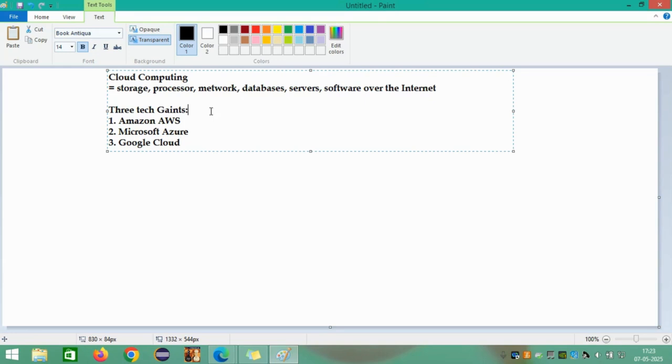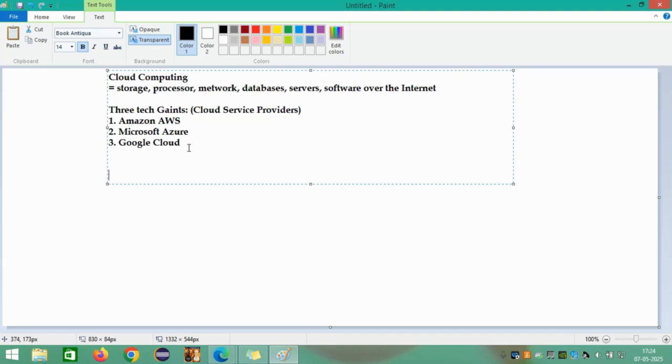So you can call them cloud service providers. Okay, so the cloud services come in various flavors. So we're going to discuss the services now.